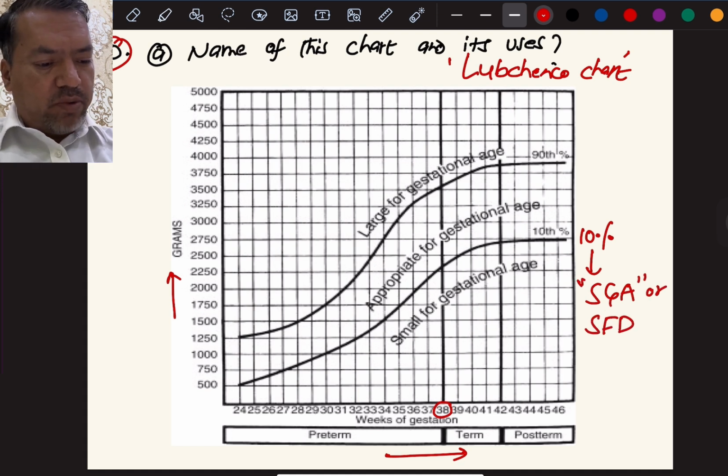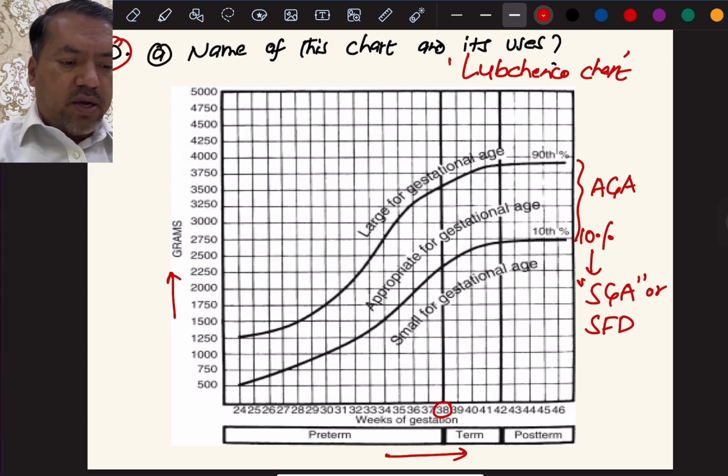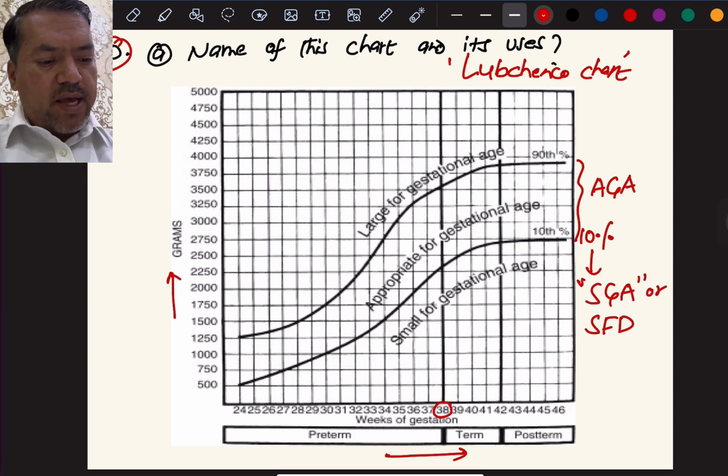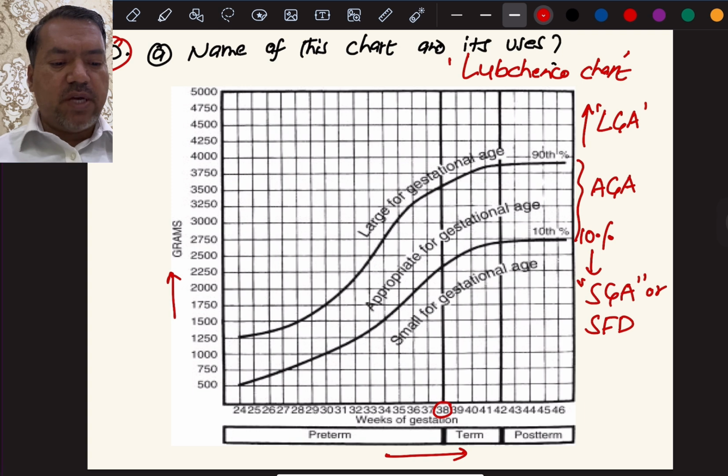Normally it falls between 10th to 90th percentile, which is called appropriate for gestational age, or appropriate for date. And when it falls above the 90th percentile, it is called large for gestational age babies or big babies. So these are some of the very, very important concepts from Lubchenco chart.